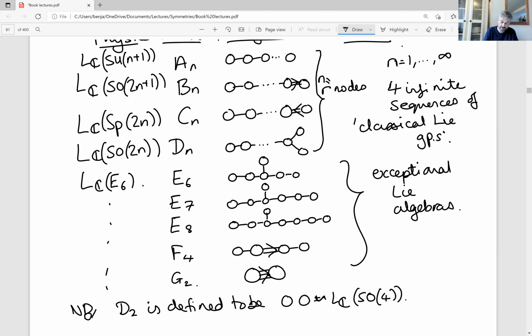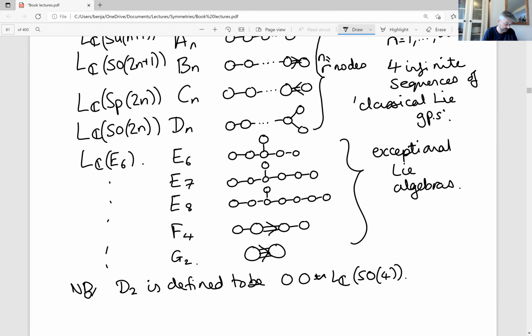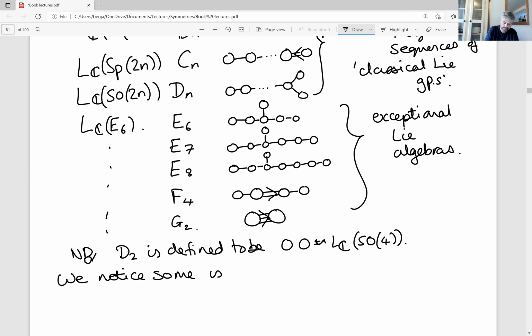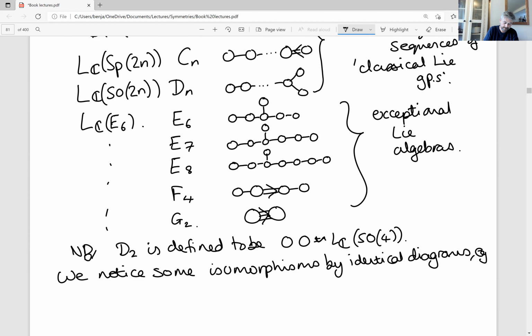Now, you can notice some isomorphisms by the fact that the Lie algebras have identical diagrams. You'll see that A1, B1, and C1 are identical. By definition, D1 doesn't exist.